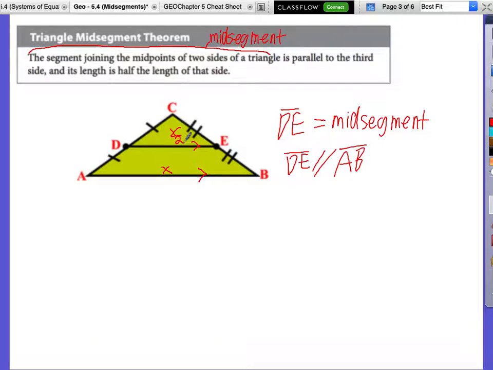It'd just be half of it. So if we called DE x instead, what would AB have been? If we had called DE x, AB would have been 2x. It would have been double it. So the actual side of the triangle is double the midsegment, and the midsegment is half of it. They can go either way. Questions on that idea?